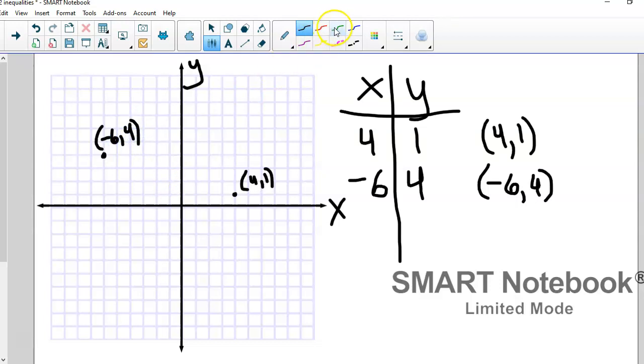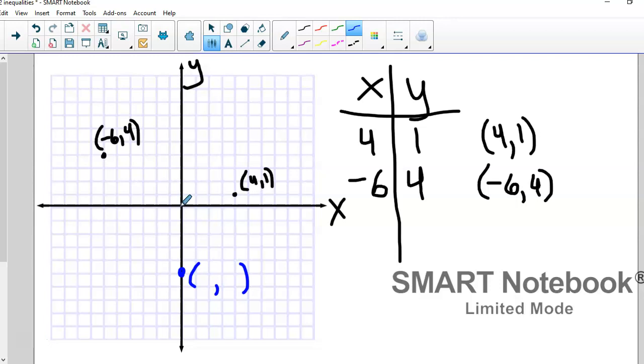What I want to do next is put a dot on the graph and see if we can figure out what the point would look like. Let's put it down here. So this blue dot right here, we want to figure out what numbers would go in the chart that would describe that dot, or what kind of numbers could we put in these parentheses to describe that dot. Well, first up is our x value. If we start here at the origin, it looks like we don't go left or right to get to this blue dot.